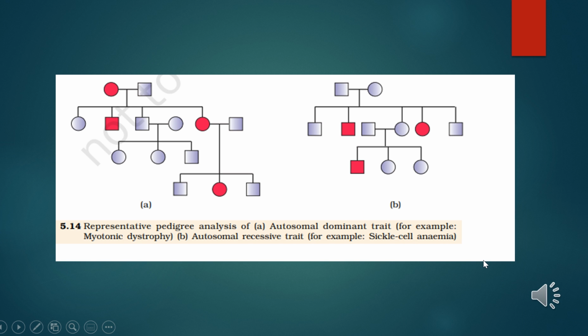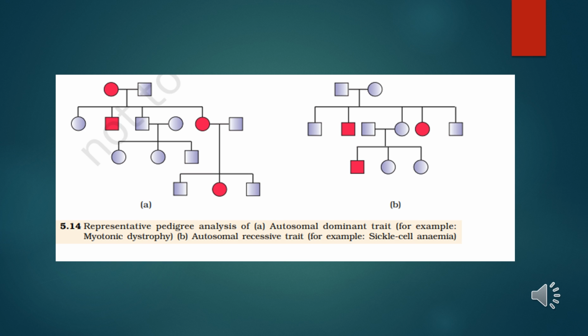In the previous slide, we covered the symbols used in human pedigree analysis. As you are watching the slide, I'm explaining an autosomal dominant trait, for example myotonic dystrophy. So what does it mean? In this, you can see that the female is affected and the male is normal, and they have 4 children.